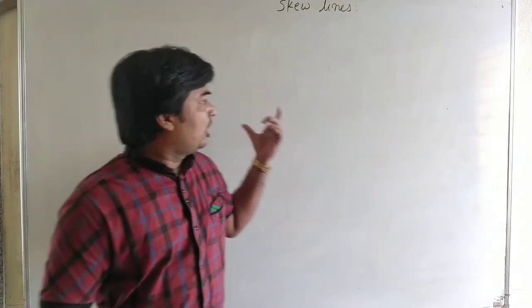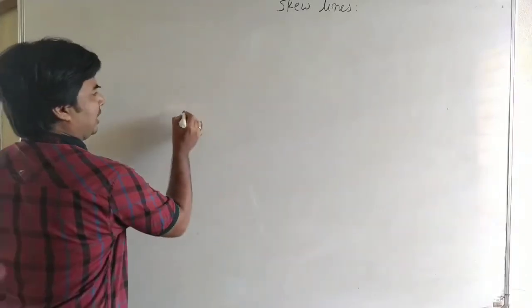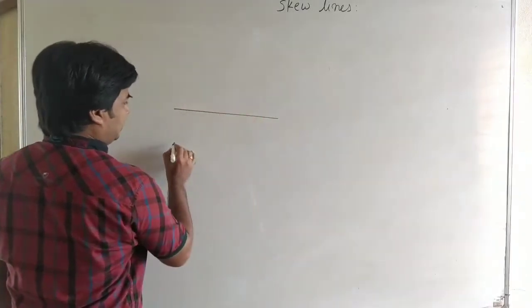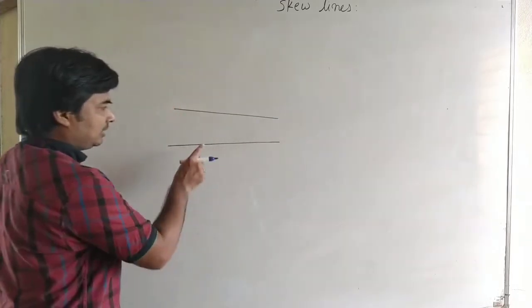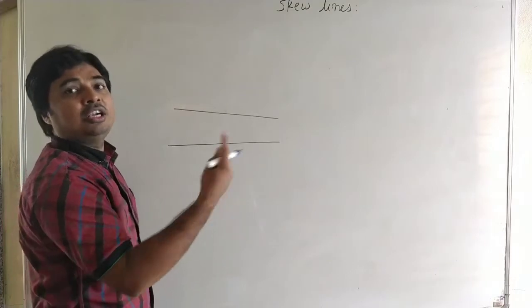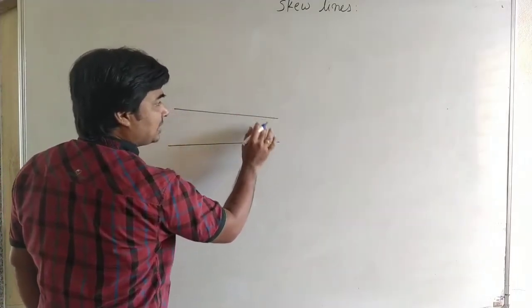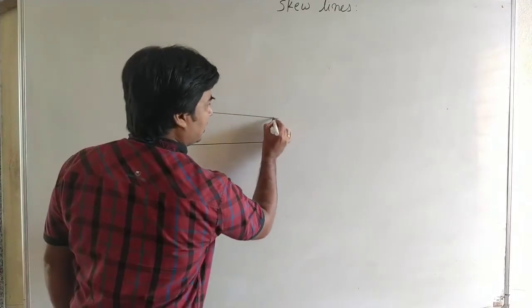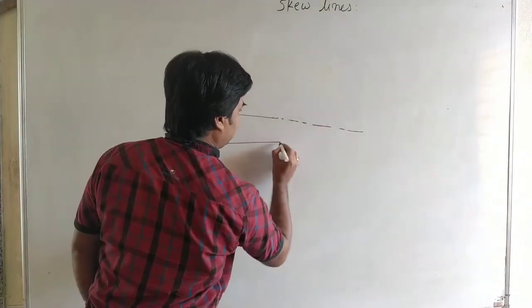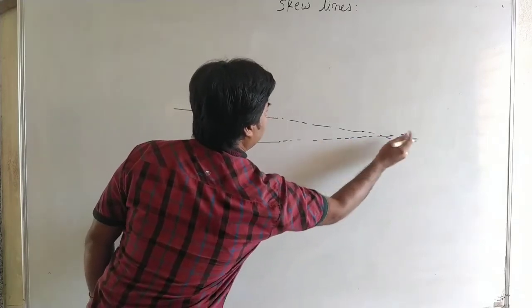Here we know that in a plane, any two lines are either parallel or intersect each other. Here this is a line, not a line segment. So we extend this line, and then this line intersects at some point.